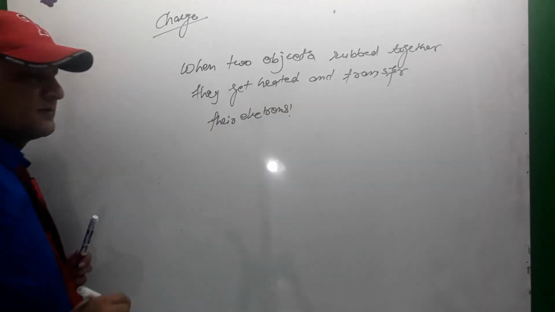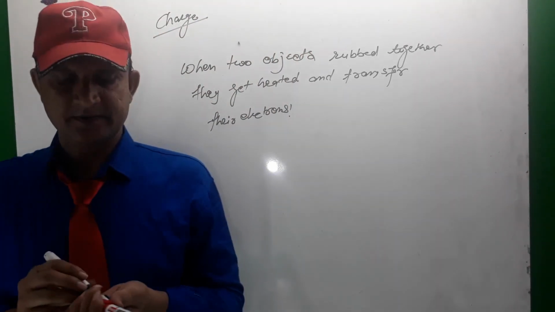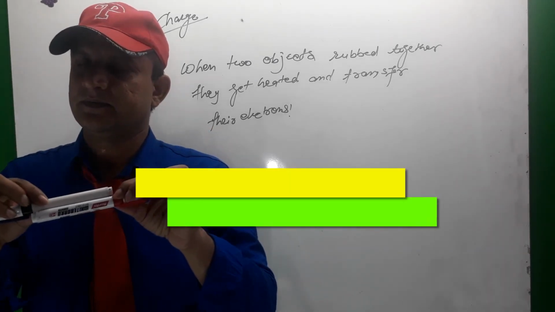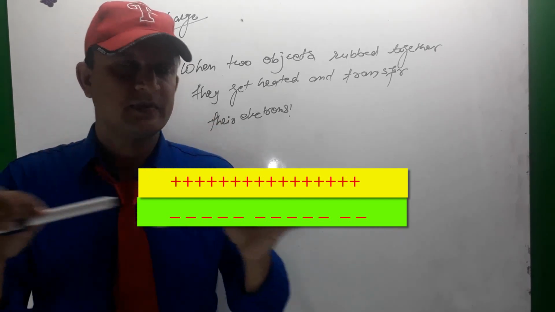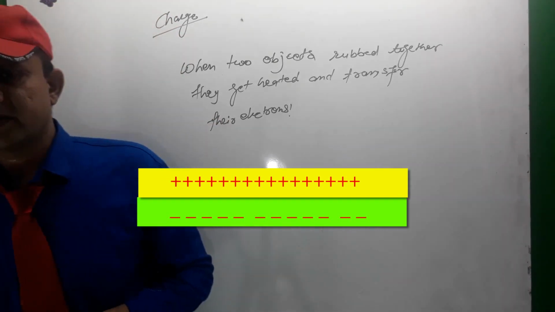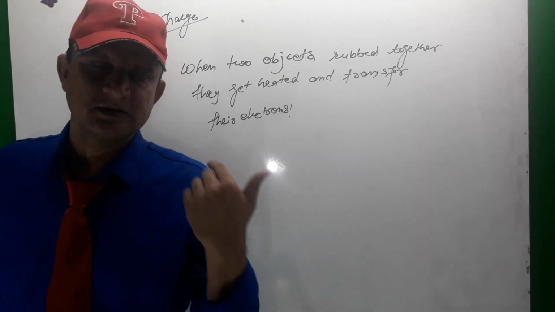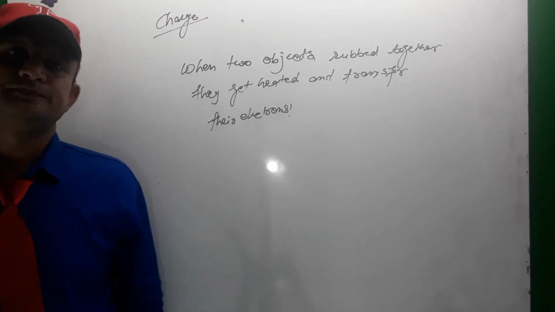their electrons. When we rub one object to another object, this phenomenon happening gives a property of the electrons which is created in an atom.